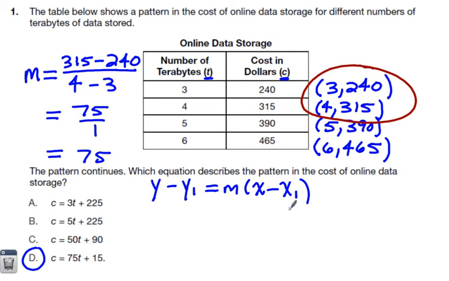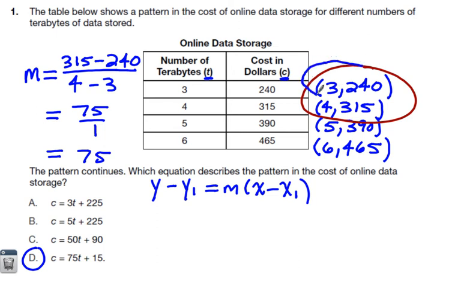So we're going to plug in an x-coordinate and a y-coordinate from just one point. We have 4 of them, but we're just going to use one, and of course what plugs in for m is our slope. I'm going to pick what I was calling x1 and y1 already, so 3, 240.